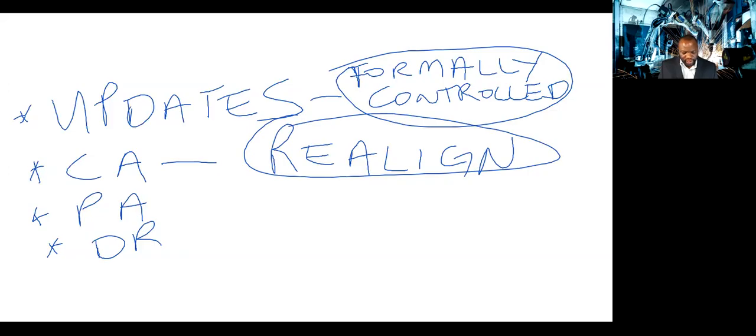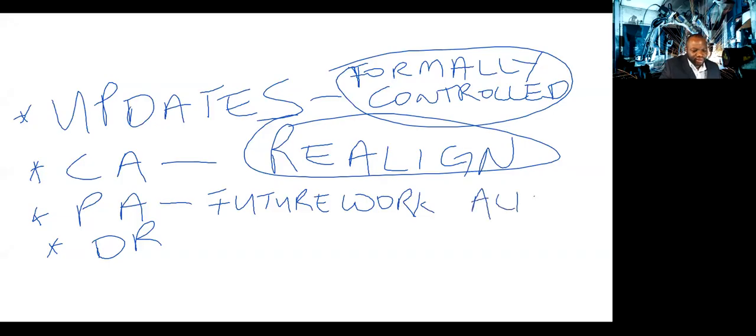Okay, the next one is preventive action. Preventive action, the key words, future is one, future work, and the second important word is align. What is the difference between align and realign? Realign means there's been a deviation.